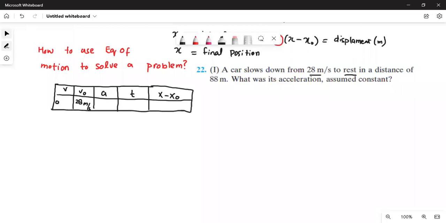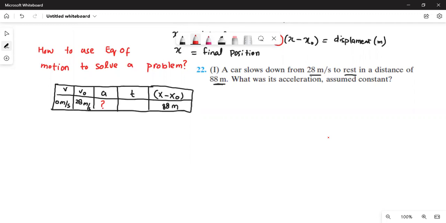So velocity will be 0 meter per second. Now in 88 meters, 88 meter is the distance, the displacement. I just write it here. And then they ask us for finding the acceleration. Actually, this acceleration will be deceleration and your answer will be negative because it's slowing down.